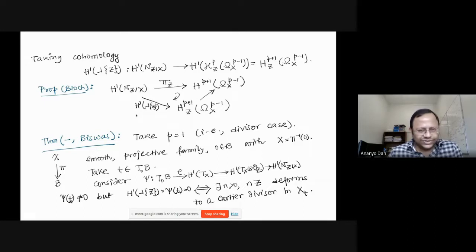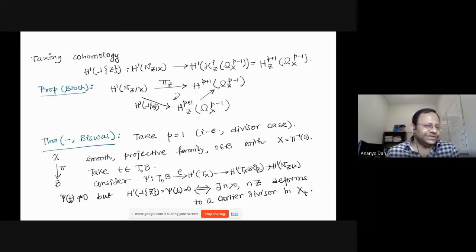We worked it out in the case of divisors, and we expect that it should hold in higher codimensions as well. What happens is that if you take an element in this tangent vector space, you remember that there was a map α_t going from T_0B to H^1(N_{Z/X}), which captured the geometric obstruction.